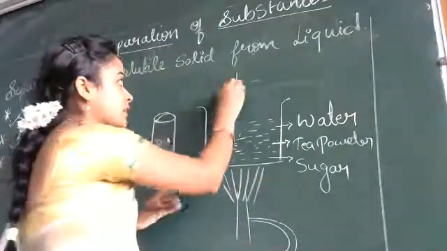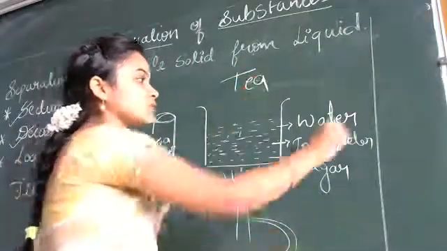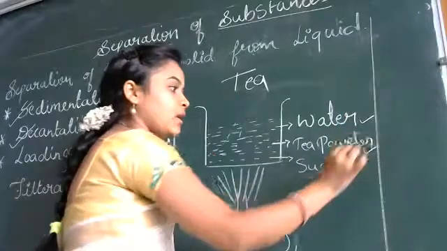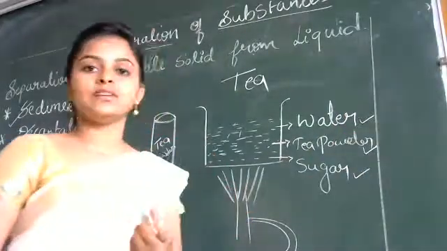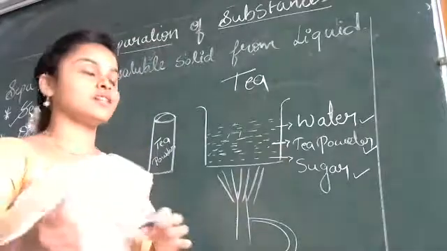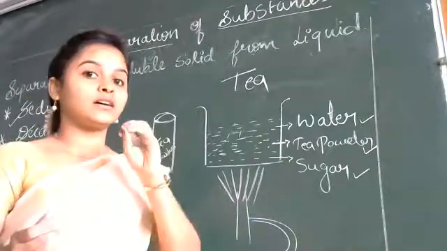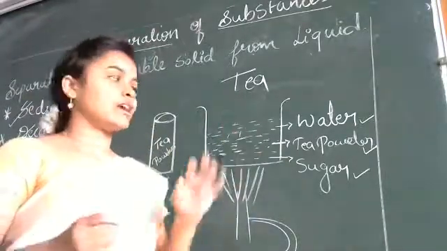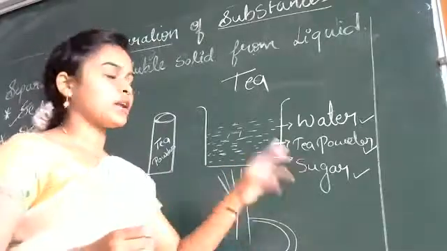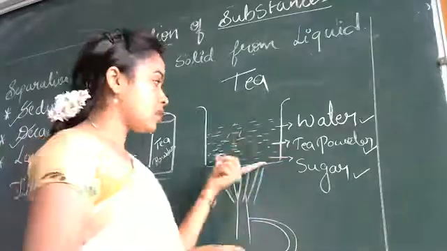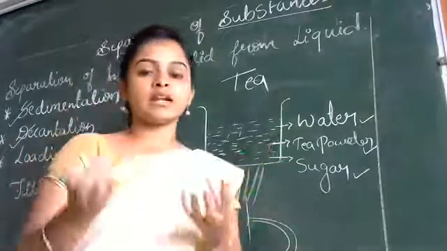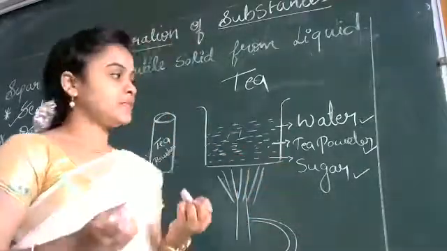So for making tea we use water, tea powder, sugar, and some of you might be using elaichi or ginger to make tea very tasty, right? But we'll forget about that. We use only water, tea powder, and sugar. Now we have added all three substances in this water. Now this tea started boiling.